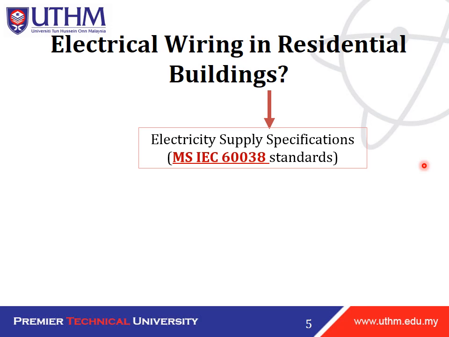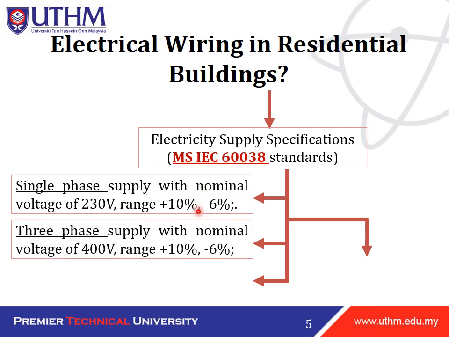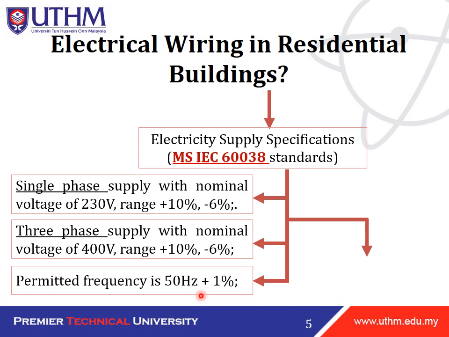Electrical wiring in residential buildings follows the electricity supply specification MS-IEC 60038 standard. In this standard, we have a single phase supply with nominal voltage of 230 with a range plus 10% and minus 6%, and also three phase supplies with nominal voltage of 400 with range plus 10% and minus 6%.